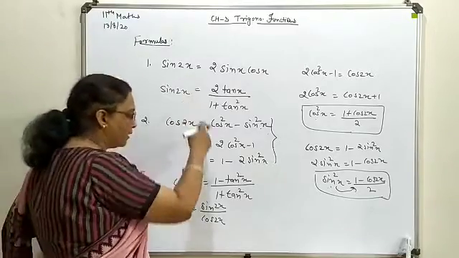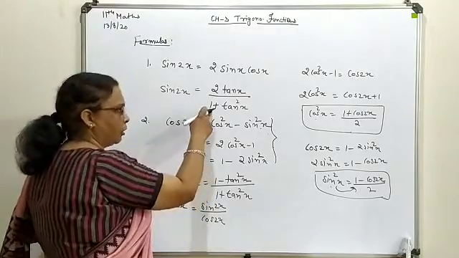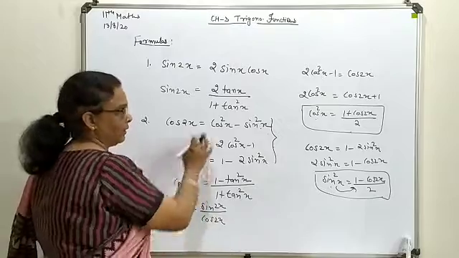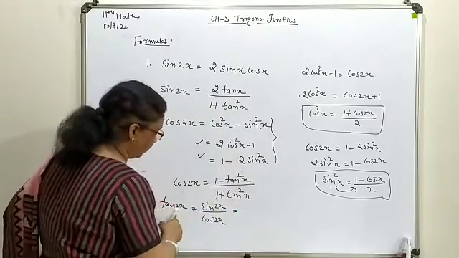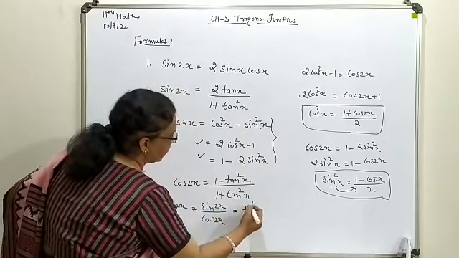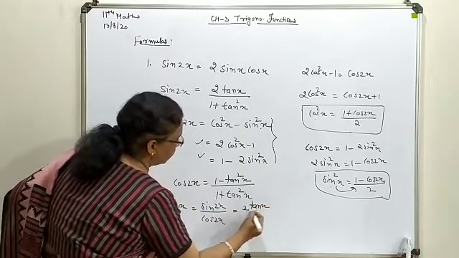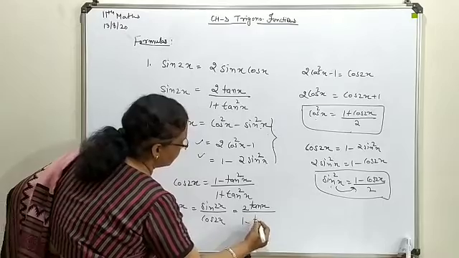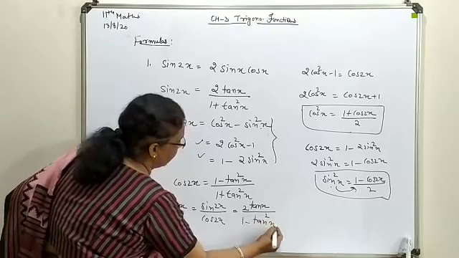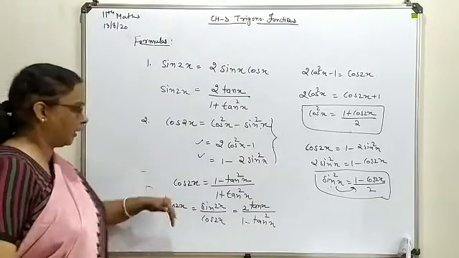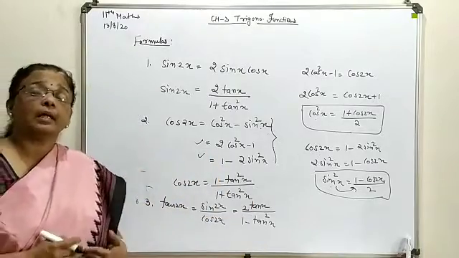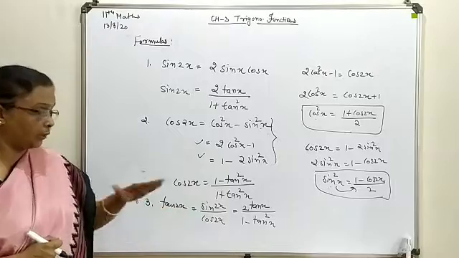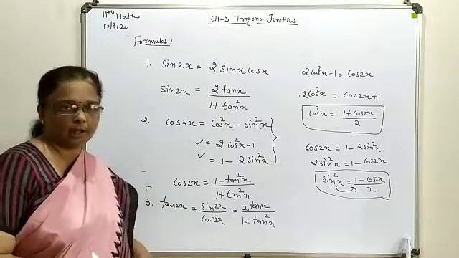So if you divide them, your common denominator terms will cancel, and you will have only the numerator as the formula form of tan 2x, that is 2 tan x upon 1 minus tan square x. So this is tan 2x in terms of tan, but here you can see your angle is going to be half.